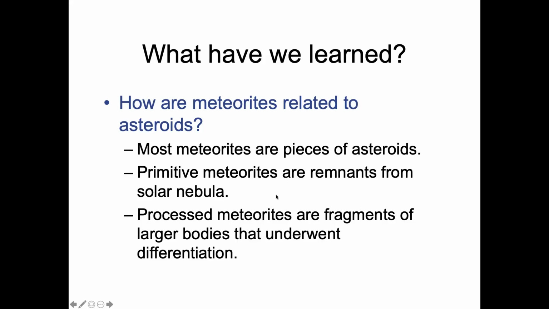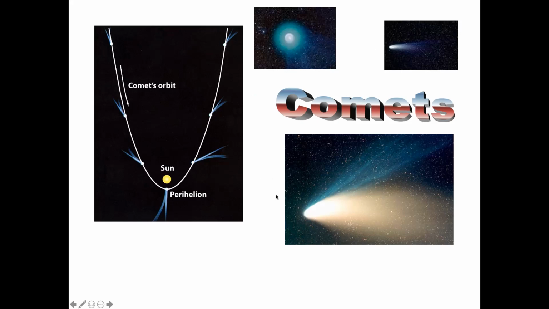Now that brings us to comets. If you ever look at a picture of a comet, comets have more than one tail, and the tail is actually not always behind the comet.